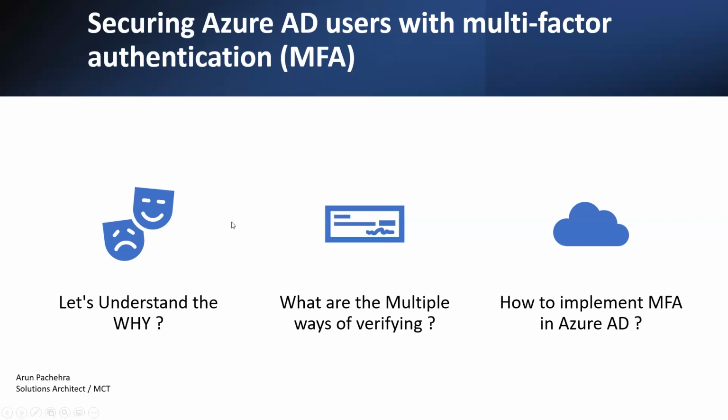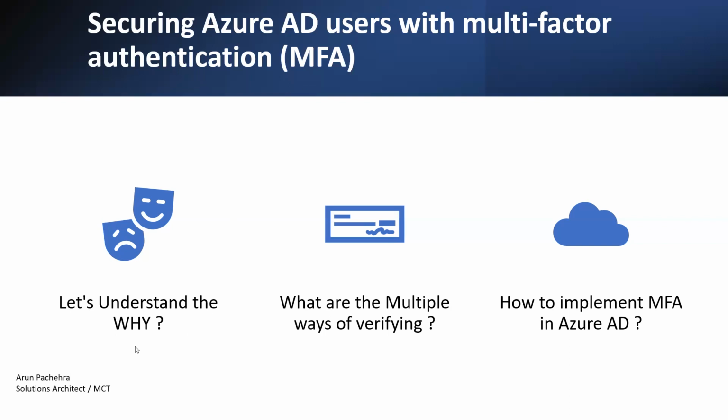Well, as you can see on the screen, we understand why it is needed, right? Because there are so many identity attacks which can't be sorted with complex passwords. And what are the multiple ways of verifying? We're going to talk about these now. And how to implement MFA in Azure AD? Of course, we're going to see all those things.